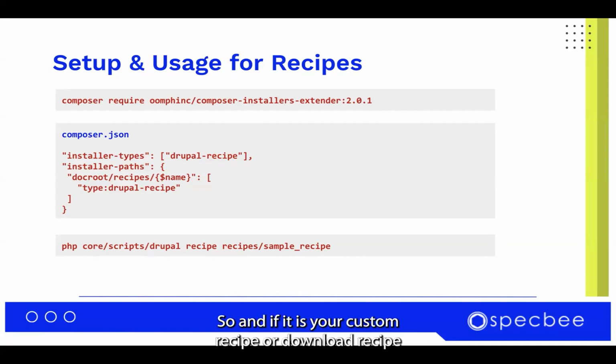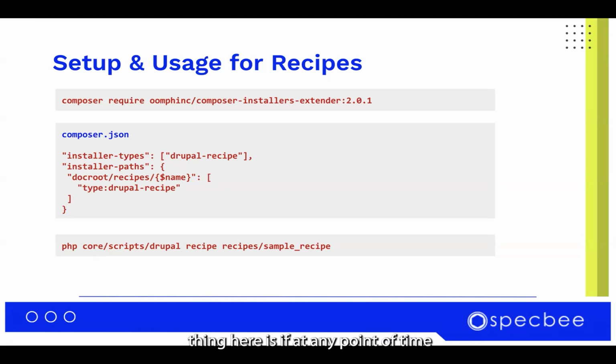And if it is your custom recipe or downloaded recipe, it can be recipes/sample recipe. So with the core script, it will just apply your recipe, install all the modules, apply all the configurations, do the configuration updates and everything. And if there is no error, it will be applied and you have a starting point for your functionality.